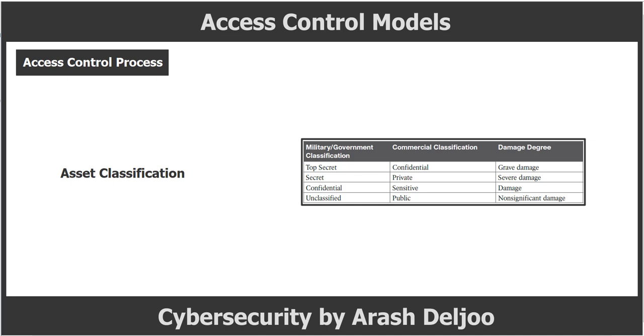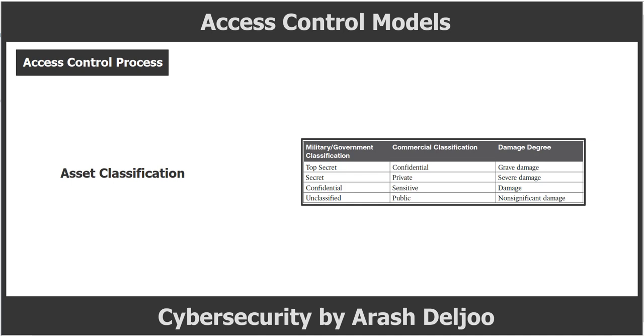This table summarizes the typical classification schemas for the two types of organization discussed in this video. For example, about the military or government classification, we have top secret, secret, confidential, and unclassified. About the commercial classification, we have confidential, private, sensitive, and public.